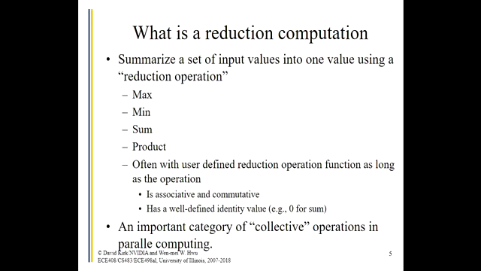Integer addition and multiplication are truly commutative. If you look at integer addition, a plus b is equal to b plus a, and when you have three values to add together, it doesn't matter which pair you add first. But floating point numbers are, strictly speaking, not strictly associative.